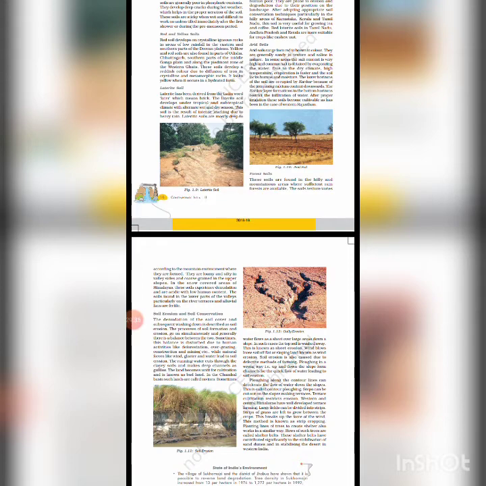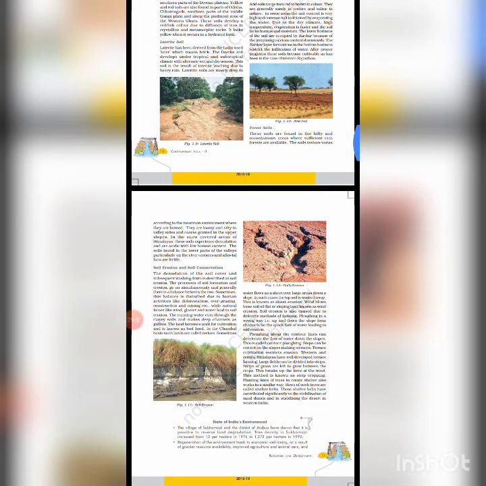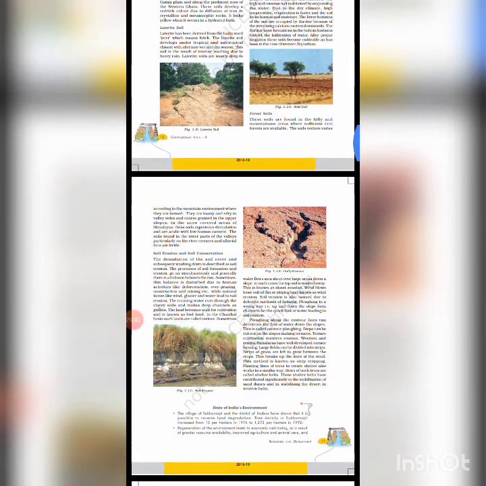Now the next topic is soil erosion and soil conservation. The denudation of the soil cover and the subsequent washing down is described as soil erosion. Soil erosion is caused by some human activities like deforestation, overgrazing, construction, and mining.